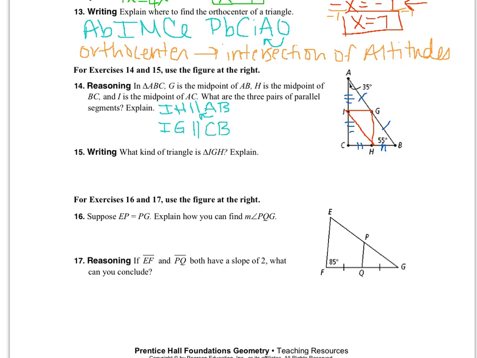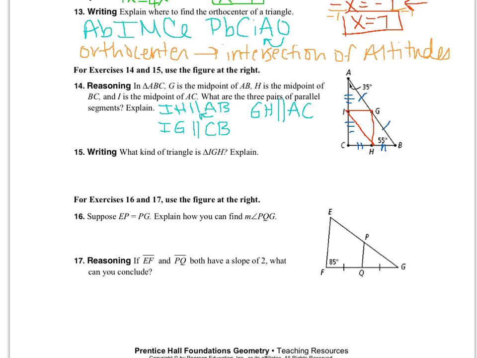And my last one is GH, that's my vertical one, is parallel to AC. And then for the explanation, we just know that midsegments are always parallel to the base of your triangle.